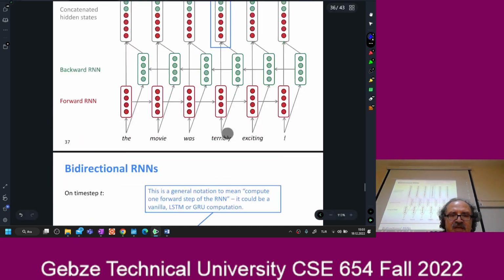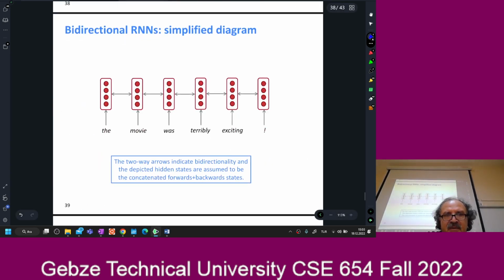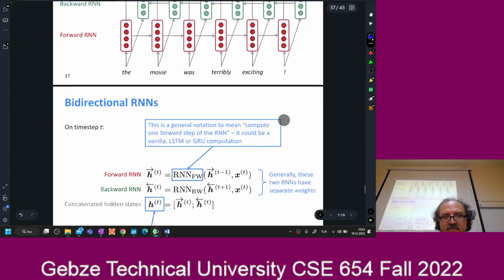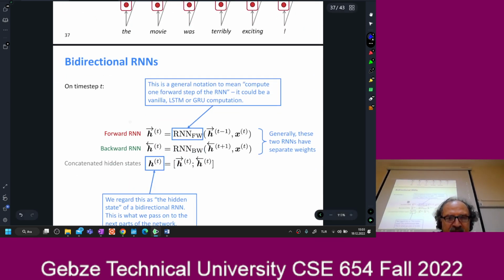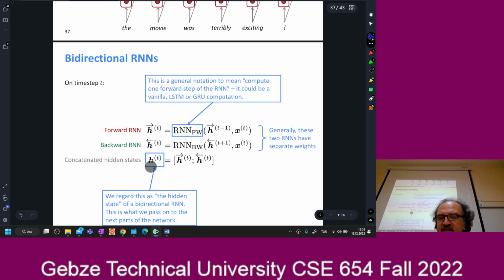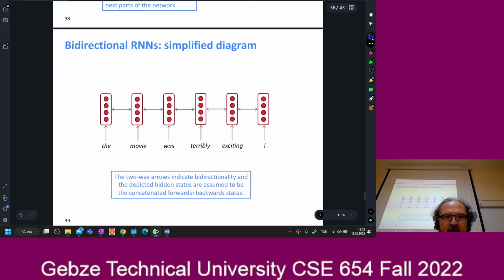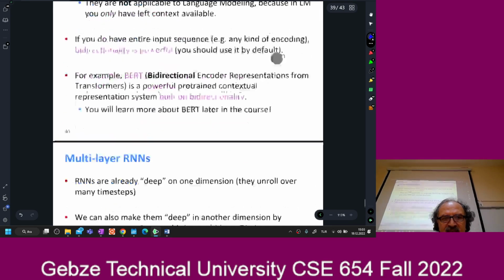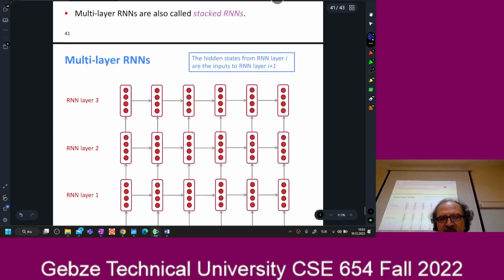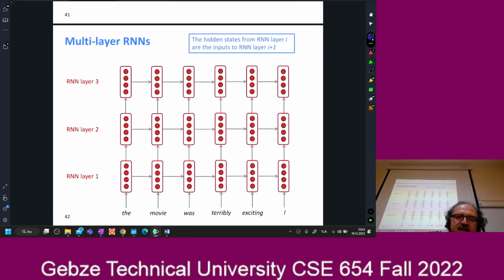The other approaches other than the bidirectional RNNs, okay, forward RNN, backward RNN, these are the concatenated versions. So my current state is this one, HT. The other one is multi-layer RNNs. Why don't we feed the output of each time step to an upper layer RNN?